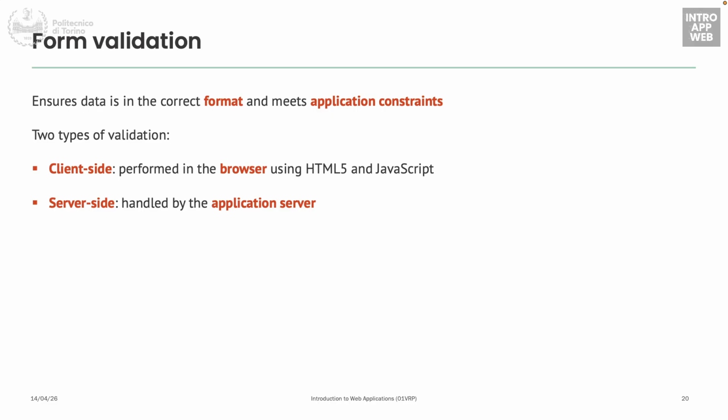Because if there is an attacker or someone that wants to do harmful actions on our web application, they might not be using the graphical interface that we have implemented, but they might be sending a request maybe from the console or from a terminal, like a terminal command. Anyway, we can submit data to a specific endpoint by using terminal commands.